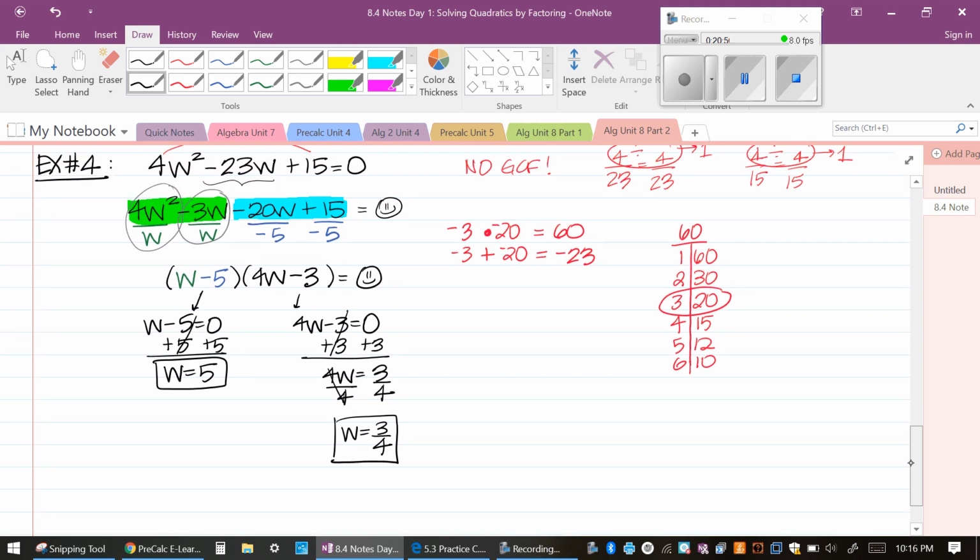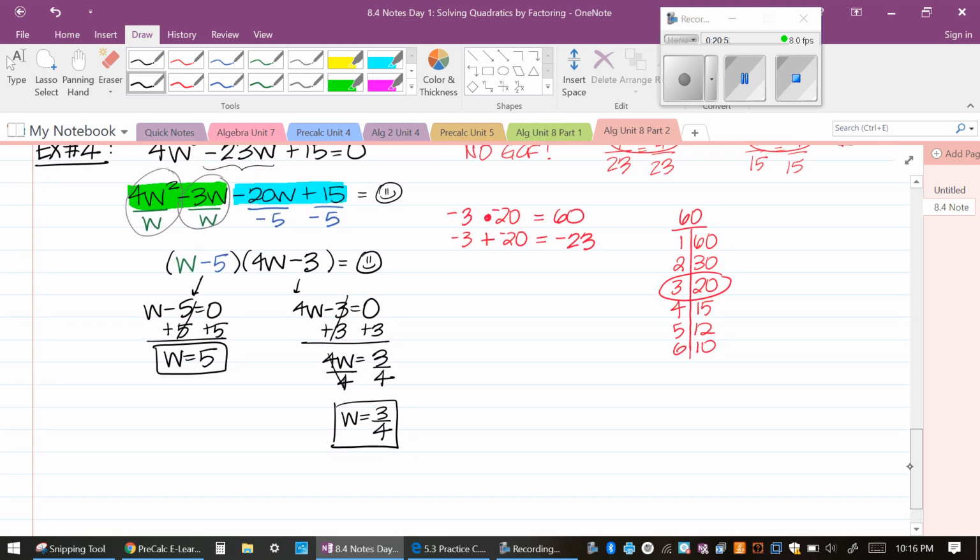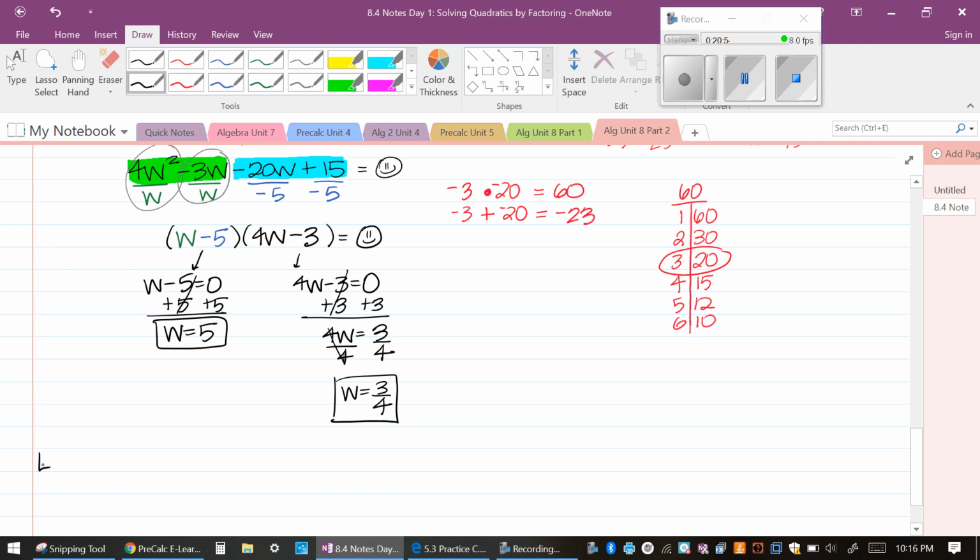Just remember that you can't always solve by factoring. I know we said we were only going to do 2 more examples, but I just want to show you that if I ever give you something that looks like this, and I ask you to solve it by factoring, this is a quadratic trinomial.